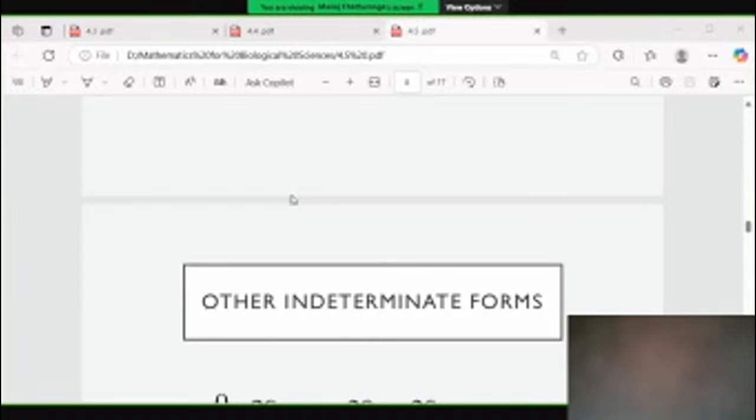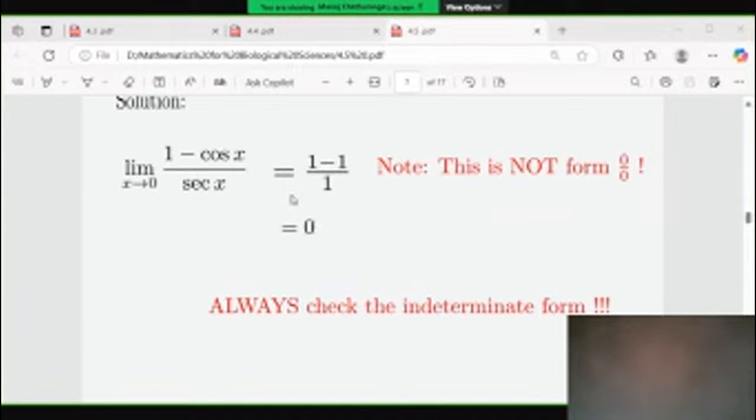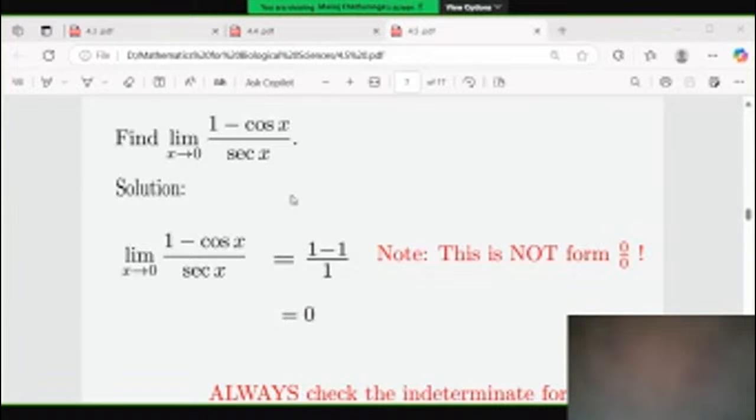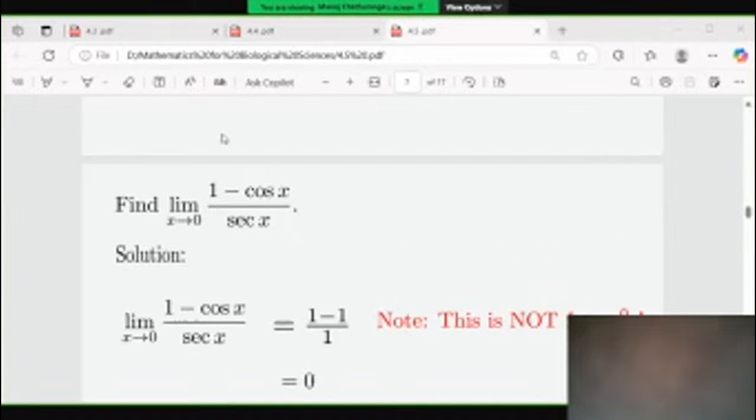However, you cannot use L'Hopital's rule if the function is not an indeterminate form. For example, let's say 1 minus cosine x divided by sec x, when x goes to 0. The value of cosine 0 is 1, and therefore the value of secant 0 is also 1.